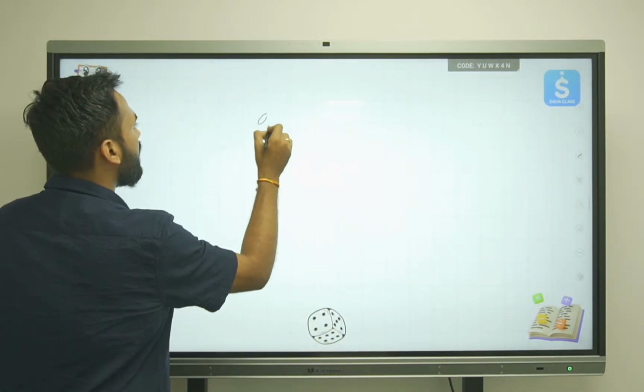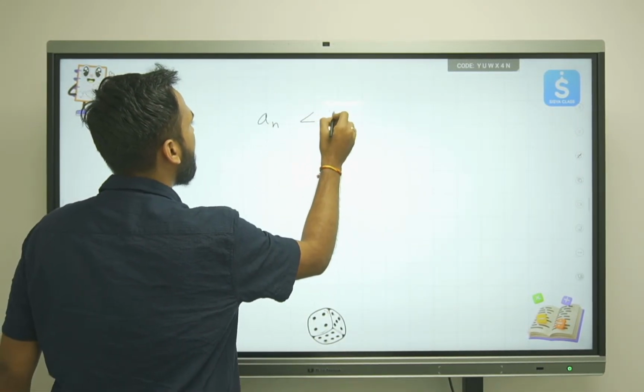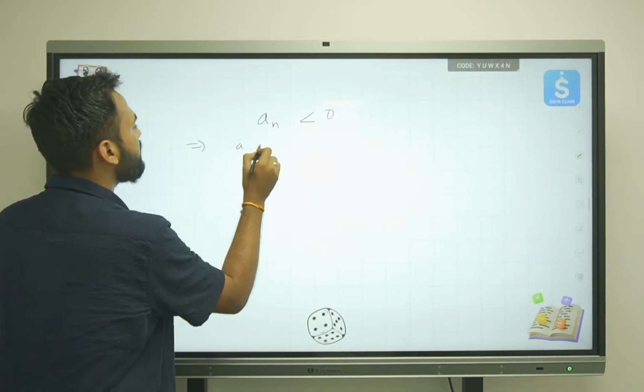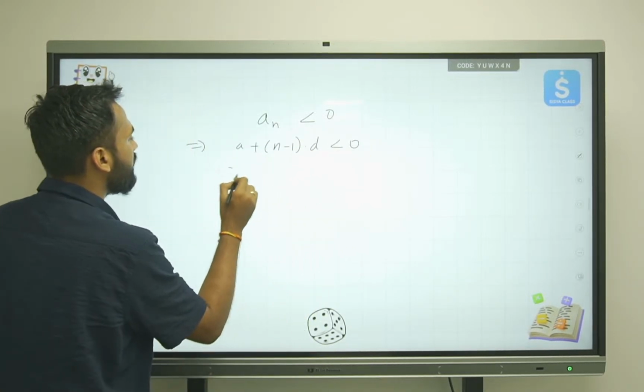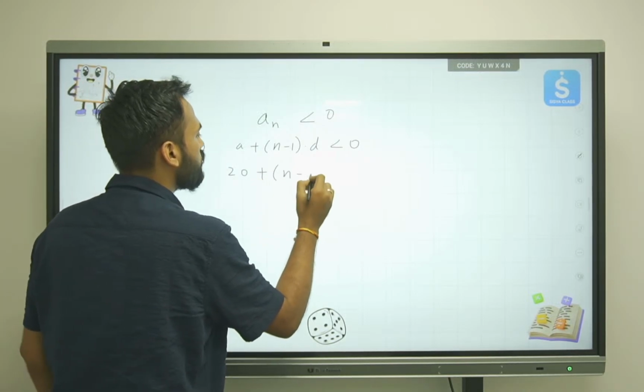So term n should be less than 0. A plus (n minus 1) times d should be less than 0. A is 20, d is minus 3/4, and n we need to solve for.